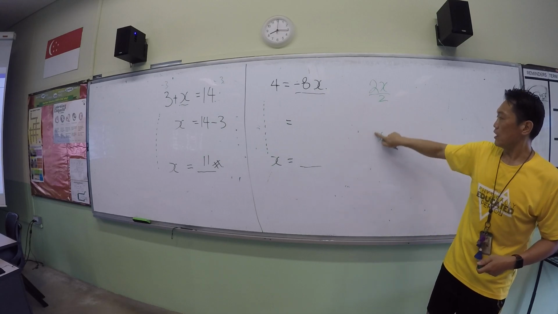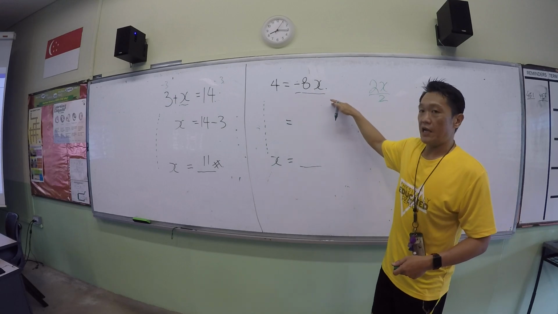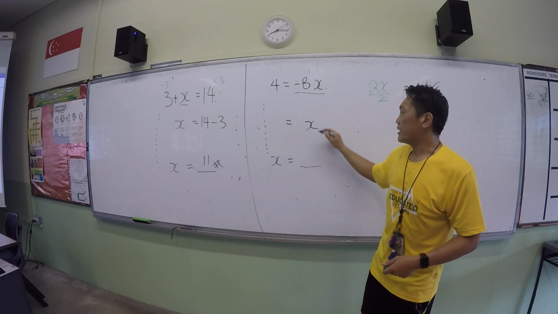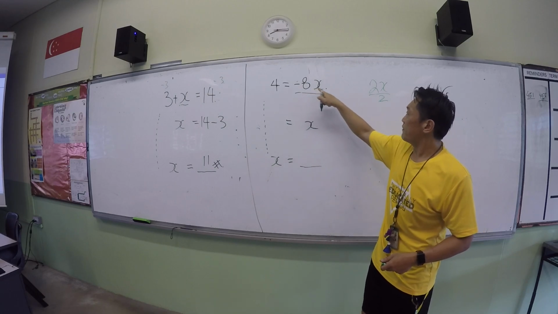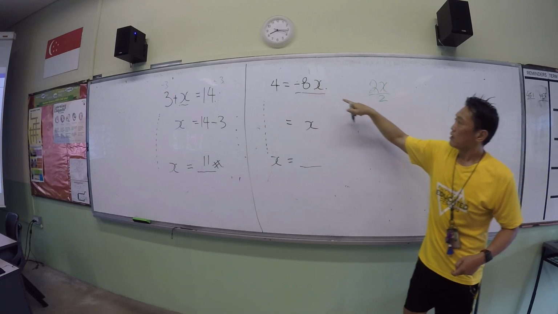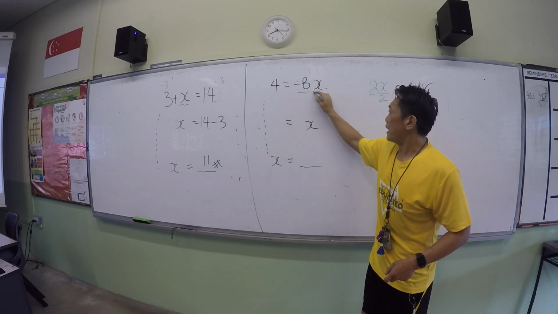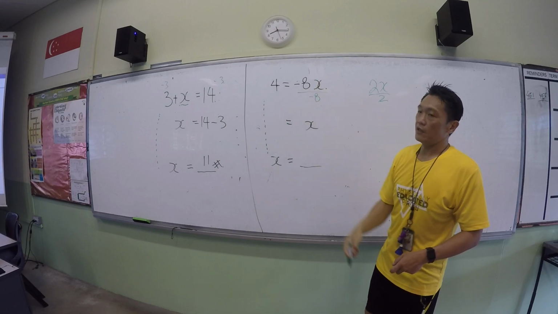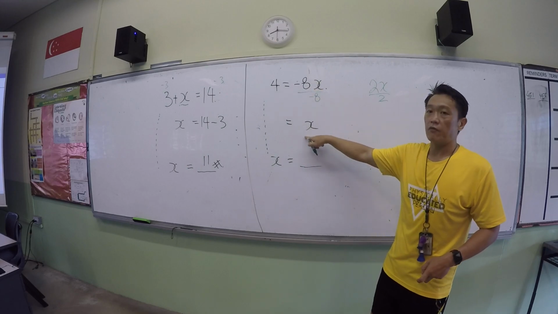So the same here, I would want to divide my right hand side by a number so that I only have 1x. If 2 is in front of x, I divide by 2. Now negative 8 is in front of x, so I will be dividing the right hand side by negative 8. So that negative 8 cancels, I'm left with 1.